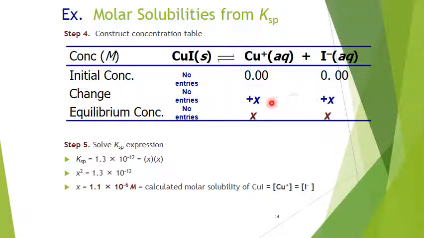So you gain some of the product, and that's what you have at equilibrium. Then we set up Ksp equals 1.3 times 10 to the minus 12 equals x squared, and solve for x. The molar solubility for both of them is the same because they are in equal stoichiometric amounts. Pretty simple.